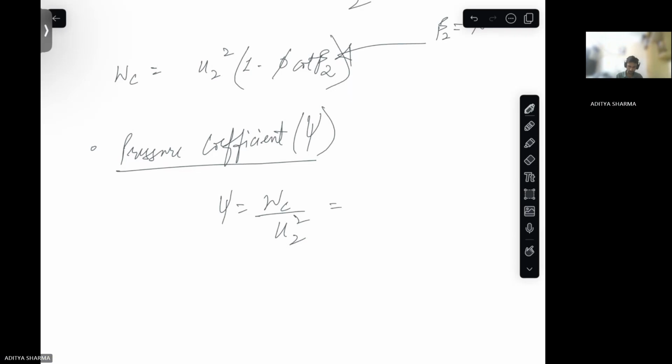Right. So if we work this out, this comes out to be 1 minus phi cot beta 2. So now this is the expression between your psi and phi.